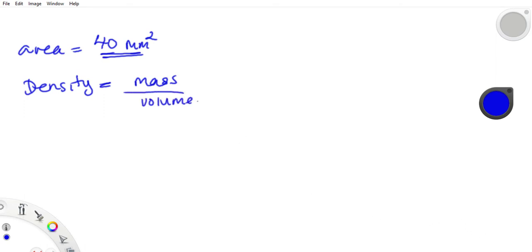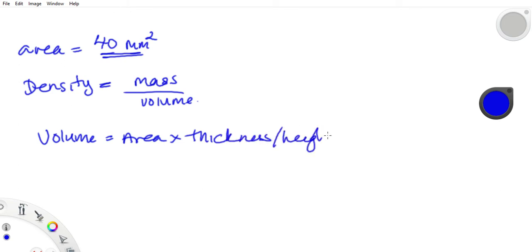Okay, we know that volume is area times thickness, or height, if you like.